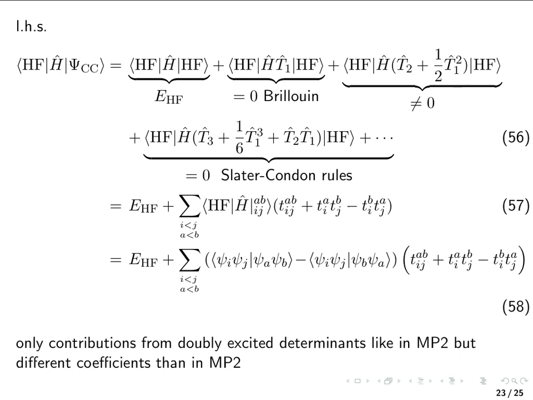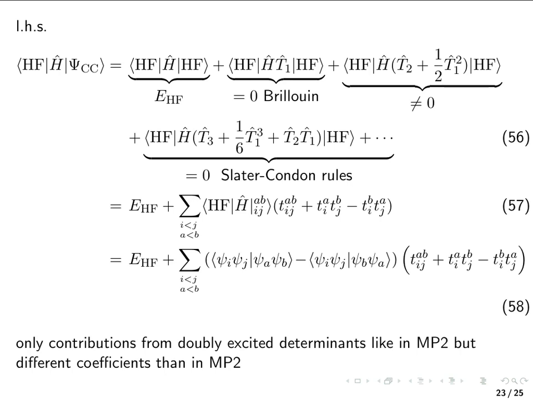So the coupled cluster energy is the Hartree-Fock energy, and then one correction to this, one extra term, which consists of the matrix elements of Hartree-Fock, Hamiltonian, and doubly excited determinant, multiplied with these connected and disconnected amplitudes. Now that matrix element we already have seen.